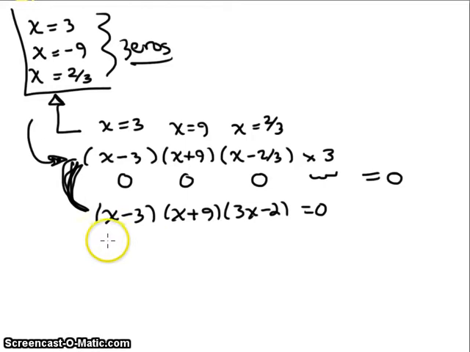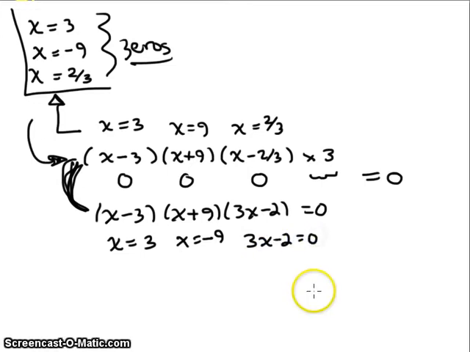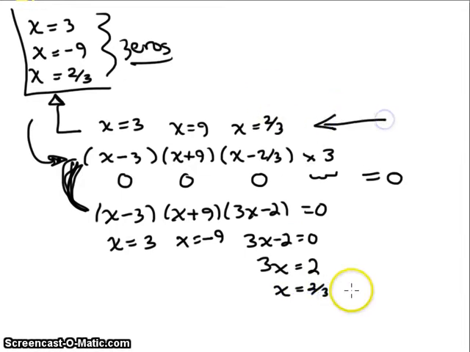And what do we have? We have x equals 3. We have x equals negative 9. We have 3x minus 2 equals 0. Let's solve that. 3x equals 2, x equals 2/3. It's the exact same list. It's just that my graph is going to look a little bit different, passing through the same points on the x-axis, but having a little bit different look in the vertical direction.